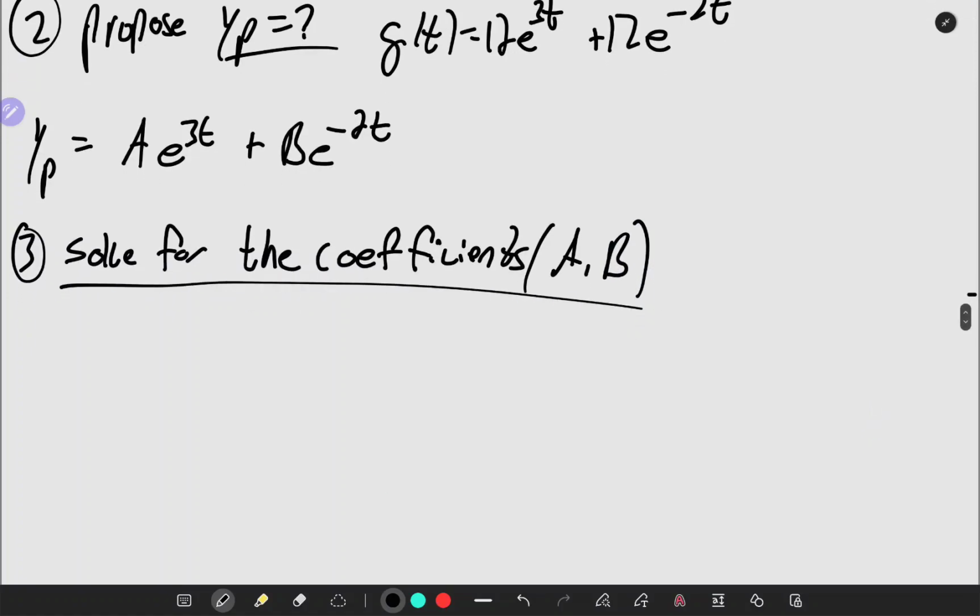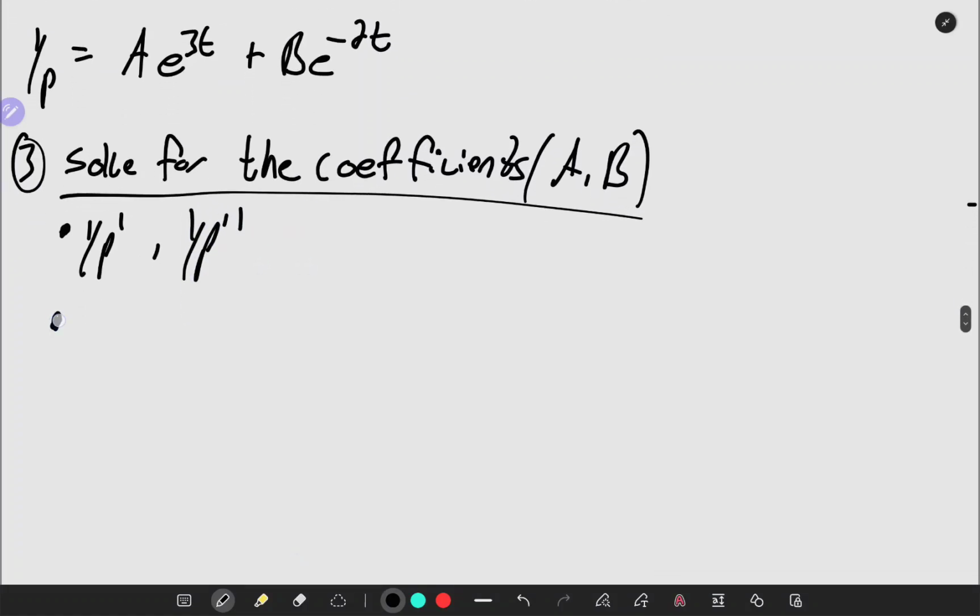So when you solve for the coefficients, you're going to find yp prime and yp double prime, and then substitute them back into the original equation.